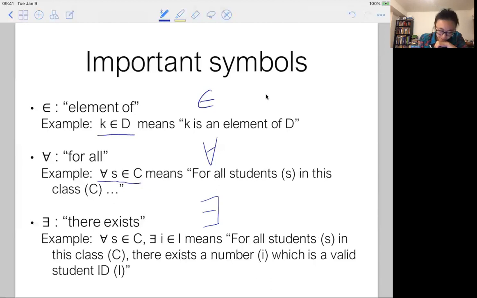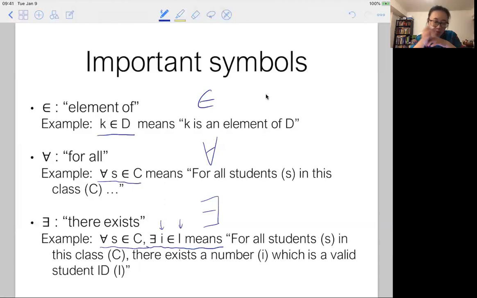So for example, if I have exists i, lowercase i in capital I, it means there is some element in the larger set I. But the whole statement, again, if S means a student, C means the class, then the statement says for all students in this class, there exists a number i, which is a valid student ID.